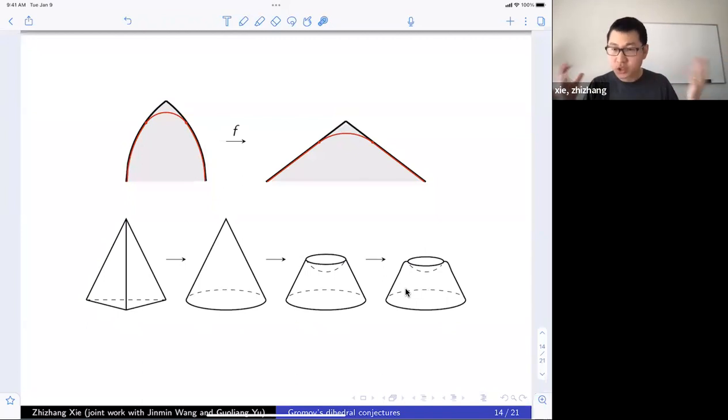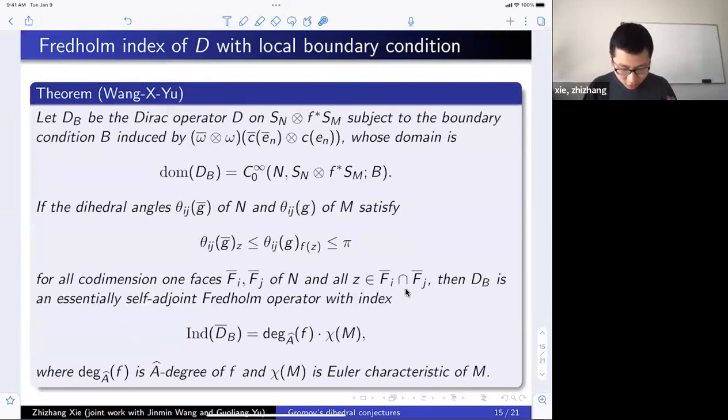So there's no contribution from the higher dimensional case, and the only actual contribution would be the dihedral angles. Okay, that's essentially the proof. Of course, there are some estimates we have to do, but that's in spirit the actual proof.